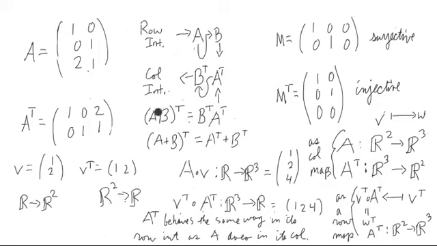So let's suppose we have the product AB, and we take its transpose. Well, that means that we're considering a matrix whose column interpretation is the same as AB's row interpretation. So A times B as a row interpretation would be like you input this way, and then you output because it's a sum of rows.